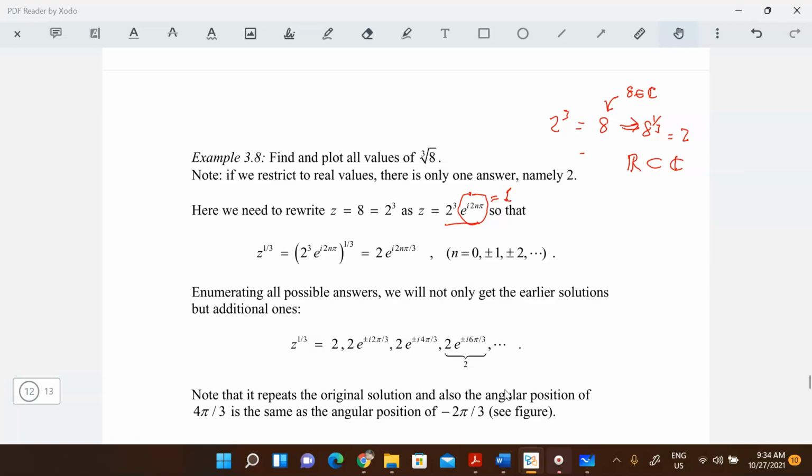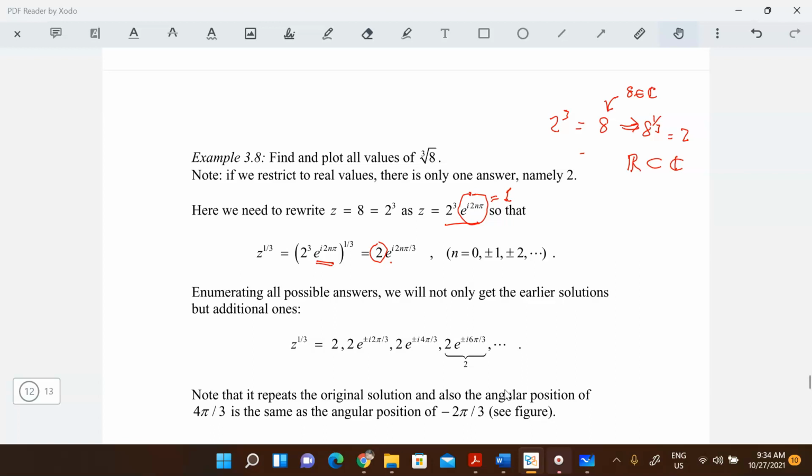When you write it that way, you take 2 cubed times exponential i 2n pi, to the power of 1 over 3. Of course you get your 2 back, but you also have exponential i 2n pi over 3, and you can have different values depending on what n is.